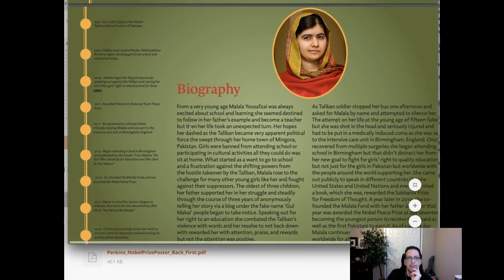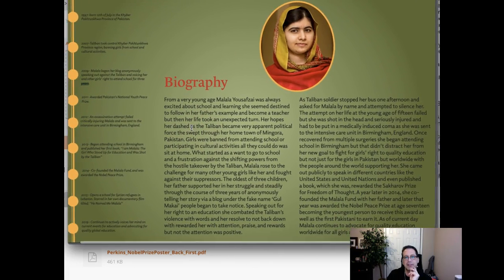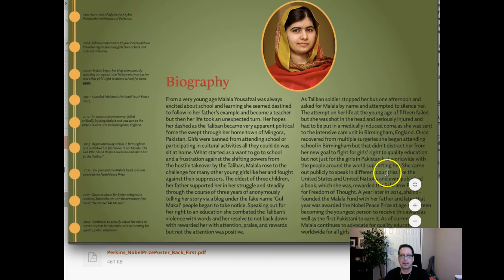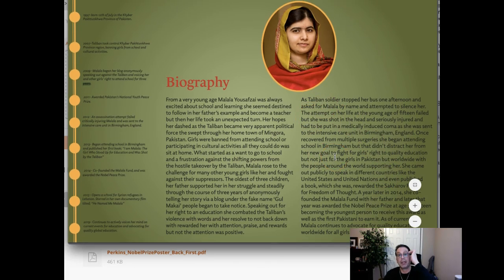Let's take a look at the general composition itself. There's one thing here that's a little bit odd: you've got two columns of type, and you've got the image above both columns, right? But it doesn't appear that the image is centered on those two columns.